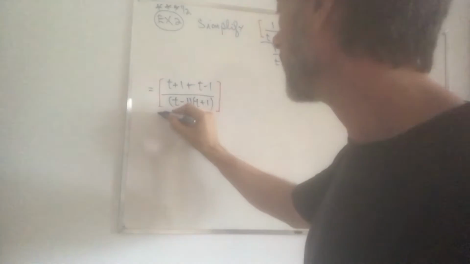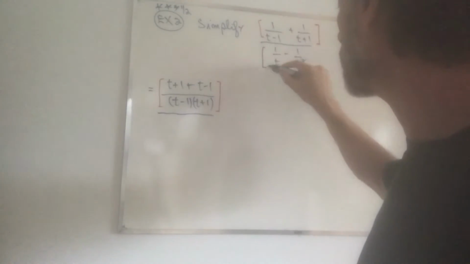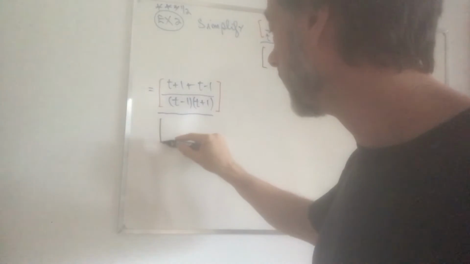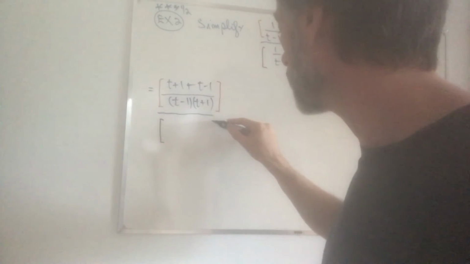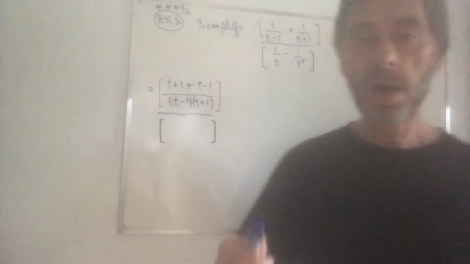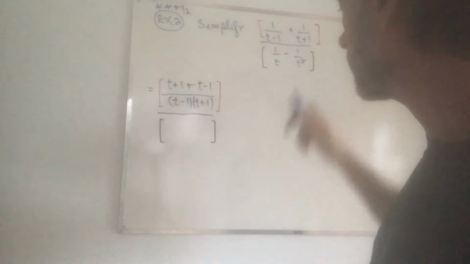All of this is to be divided by, now let's do something about the denominator. What could we have in the denominator? Well, here we can make a distinction between a common denominator and a least common denominator, because I got t and I got t squared, right?